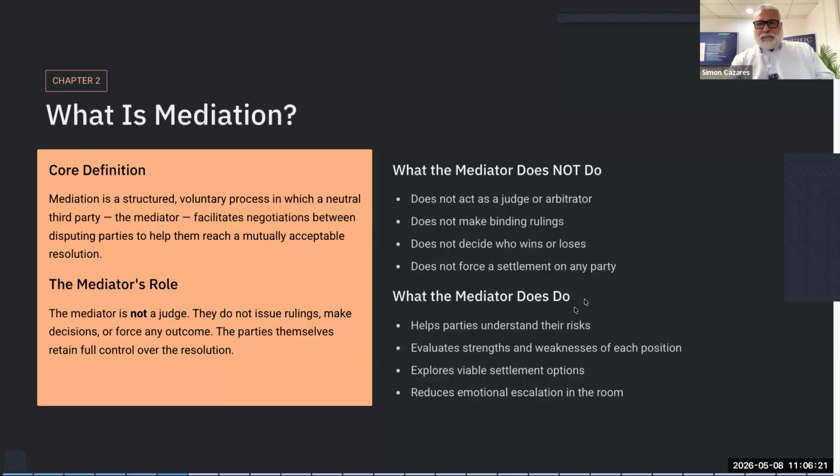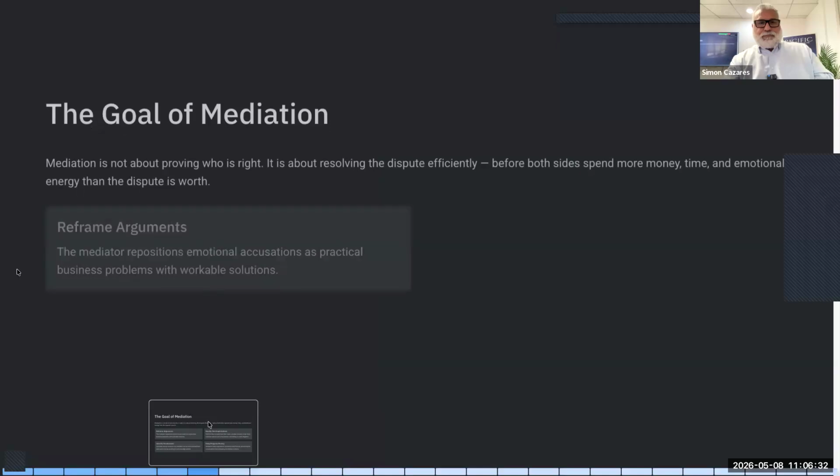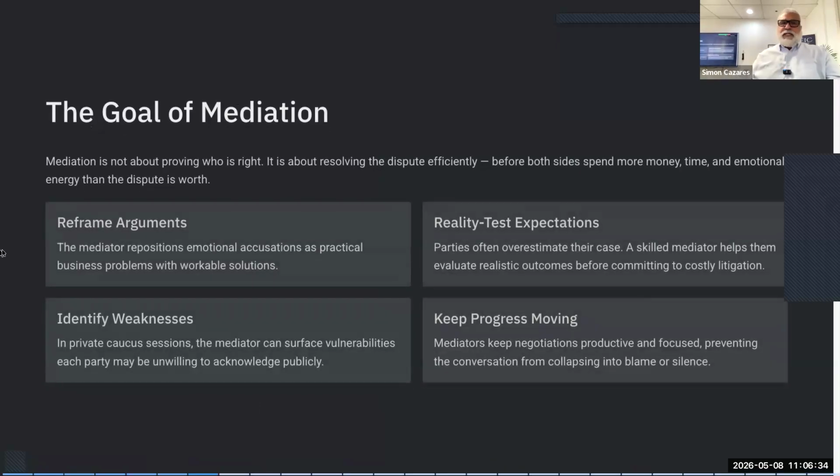All right, I think we talked about what mediators do, right? How parties understand their risk, evaluate strengths, explore various settlement options, and reduce emotional escalation in the room. So the goal of mediation is really simple. Mediation is not about proving who is right. It's about resolving a dispute efficiently before both sides spend more money, time, and emotional energy than the dispute is worth. Reframe arguments, right?